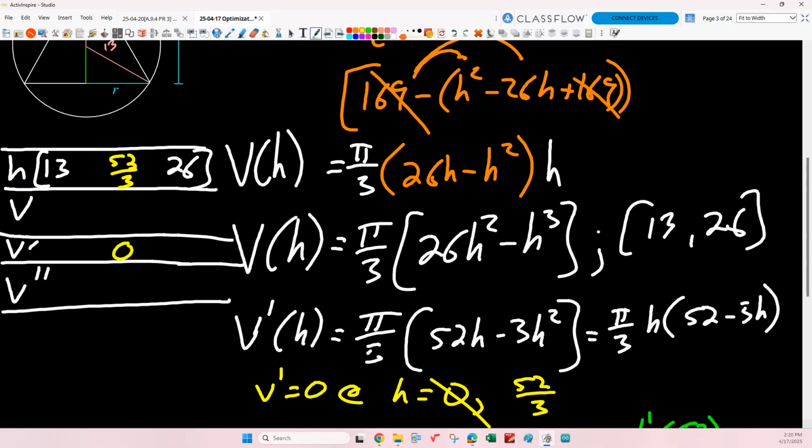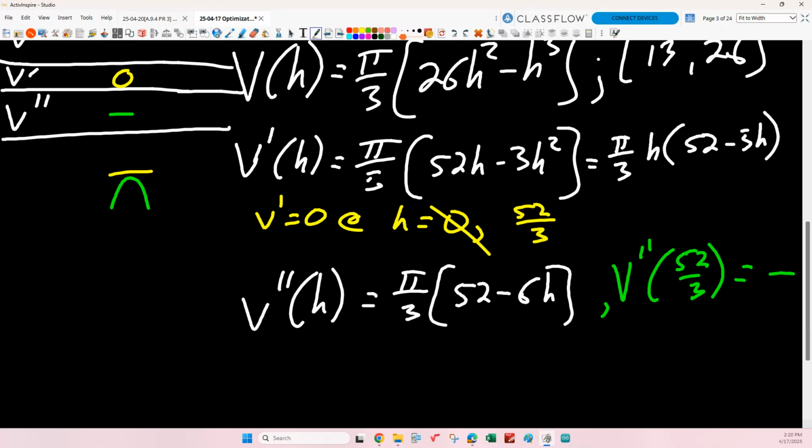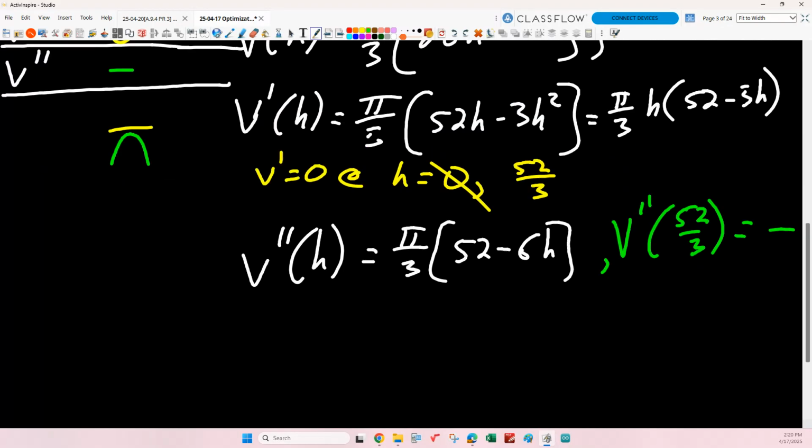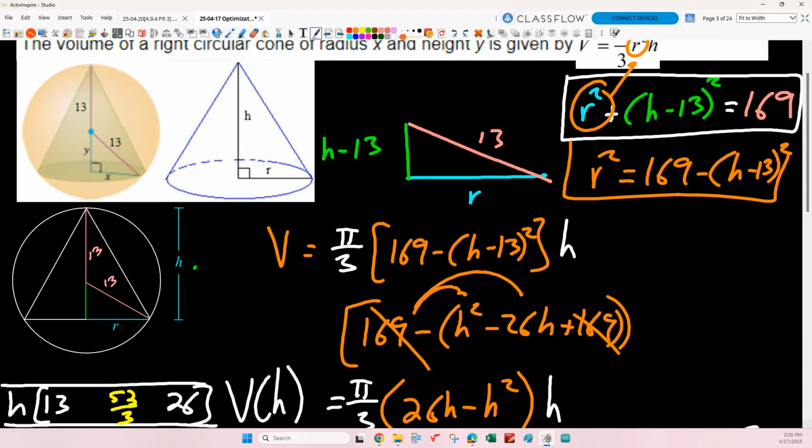At 52 thirds, horizontal tangent. Second derivative was negative, so what's that mean? Maximum, yep. We only have one critical number on our entire domain, so it is the maximum, so we found it, right? The height is just going to be 52 thirds, and we could find the radius by just plugging that in there and solving for r. Anybody see that? Okay, and we got it.